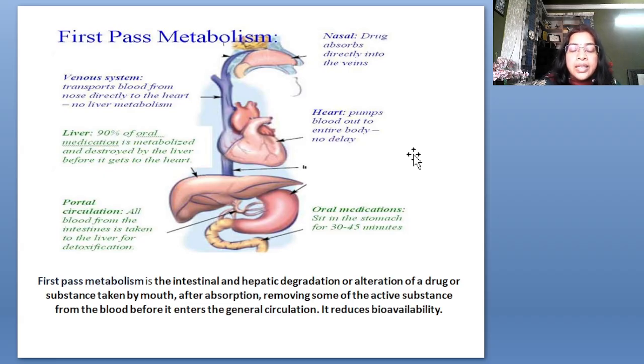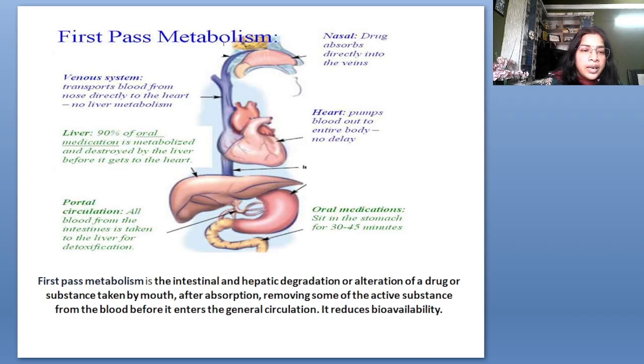Pharmacokinetics is an important aspect where we study the metabolism, elimination, distribution, and absorption. It starts from ingesting the drug either through the oral route or through sublingual, subcutaneous, any other injections, or the transdermal route. After the drug is absorbed, it goes to the systemic circulation for distribution, and we will study distribution in the later slides.